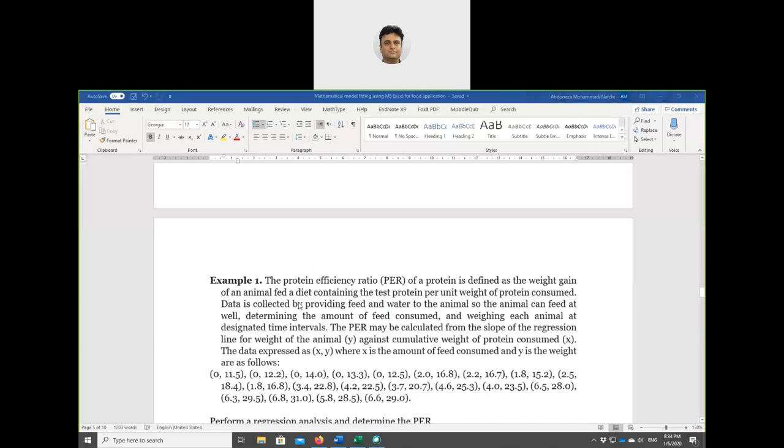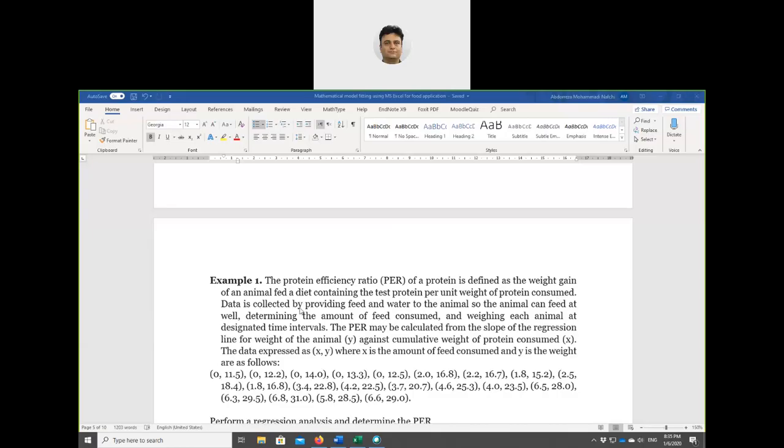So first, I want to start from this example, example one. I am reading through. The protein efficiency ratio, PER, of a protein is defined as the weight gain of an animal fed a diet containing the test protein per unit weight of protein consumed. This is a definition.